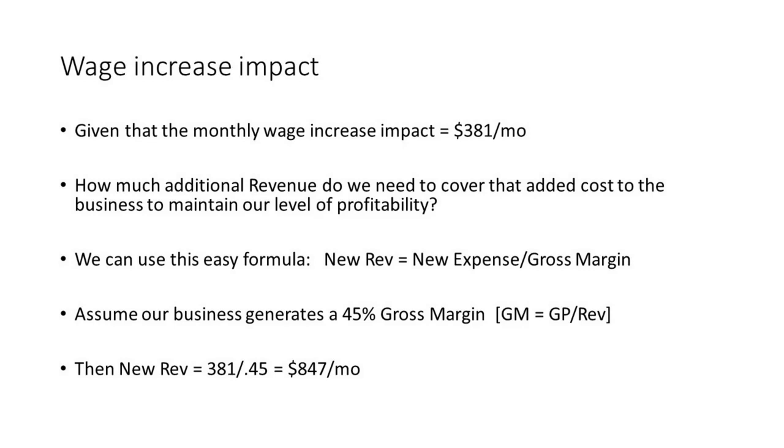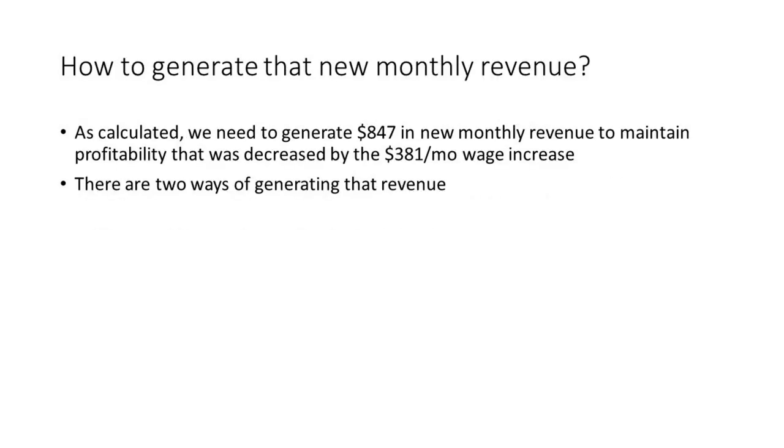Now, the question is how will we generate that $847 per month? Well, there are actually two ways that we can go about generating that revenue. We can generate more unit sales per month in order to generate that revenue. Just sell $847 more of what we sell.